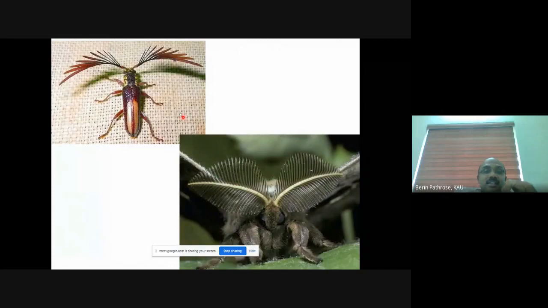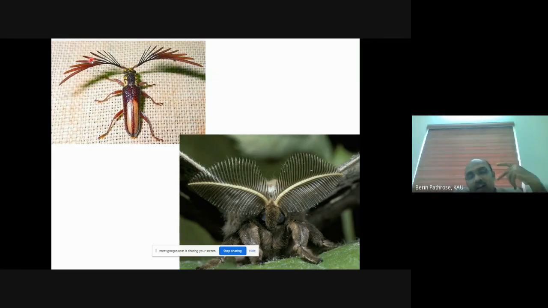You can see it's not a small triangular projection as in serrate antenna. Here each segment has an elongate, long projection on one side, just like a comb. So that's why it is called comb-like antenna or unipectinate antenna.